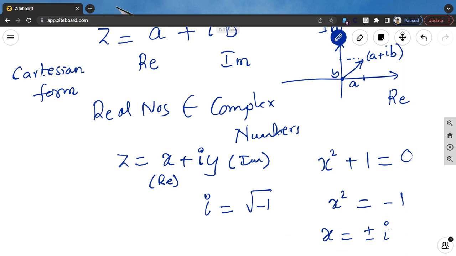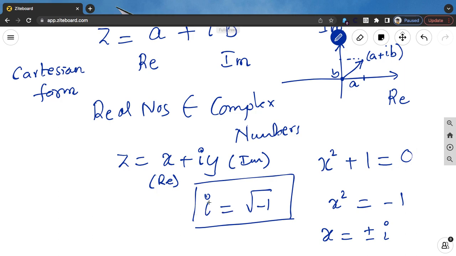If x is plus or minus i, I will get x square as minus 1, right? Because if i is defined as square root of minus 1, then i square is minus 1. That is the very fact from where complex numbers originated: finding solutions for quadratics which did not exist in the real number domain.